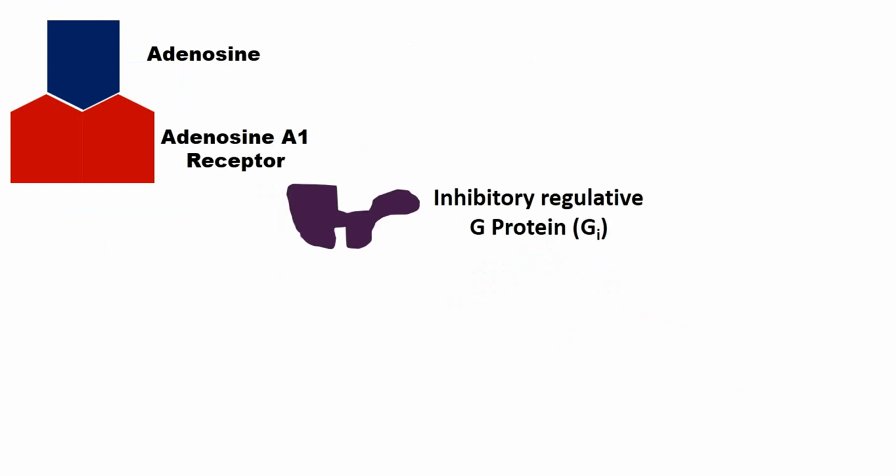Adenosine binds to adenosine 1 receptor. This in turn couples with the inhibitory regulatory G protein, that is Gi. Gi is inhibitory. In the first semester we have studied. Gi inhibits adenylate cyclase.